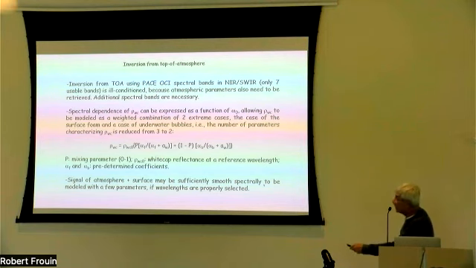I would just add here that you see the signal of the atmosphere was maybe sufficiently smooth to be modeled with a few parameters if the wavelengths are properly selected. You've seen that the white cap reflectance, the spectral dependence, varies with the absorption, and it's really variable, so it's definitely not spectrally flat.